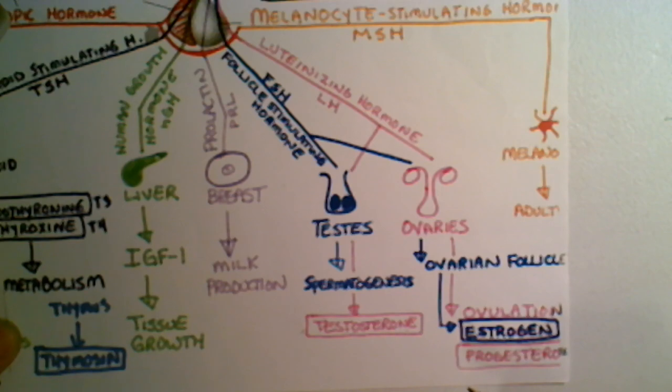Can't really read that. I apologize. But we have progesterone and estrogen. Now, progesterone is the pregnancy hormone. We produce it all the time. So even a woman that's not pregnant produces progesterone monthly. But it really prepares the body for pregnancy. That's kind of its job.